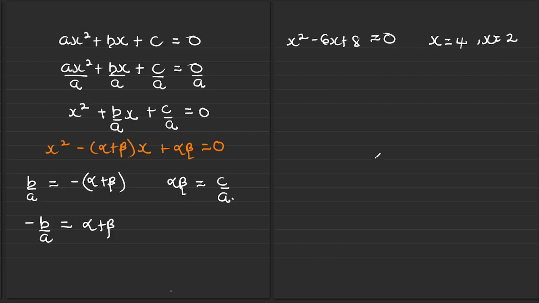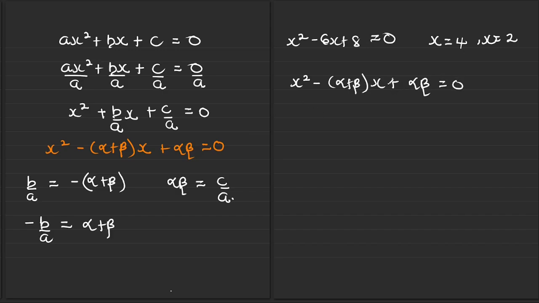Now, if the values of the roots are 4 and 2, then let's see. Our equation from this side says x squared minus (alpha plus beta) x, plus alpha beta is equal to 0.